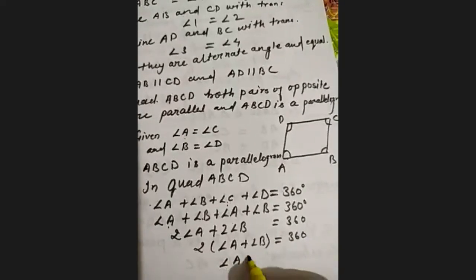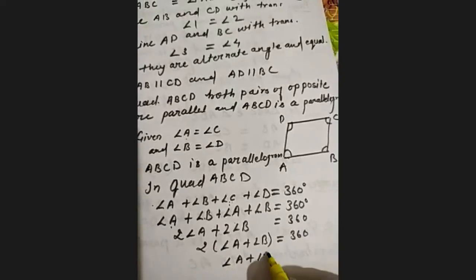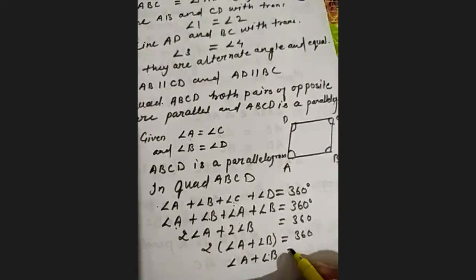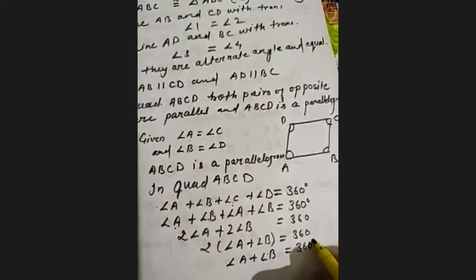So angle A plus angle B is equal to 360 upon 2. So angle A plus angle B is equal to 180. ठीक है. तो angle A plus angle B is equal to 180.